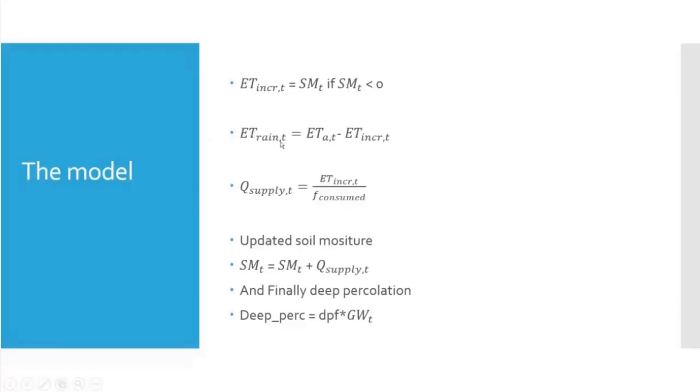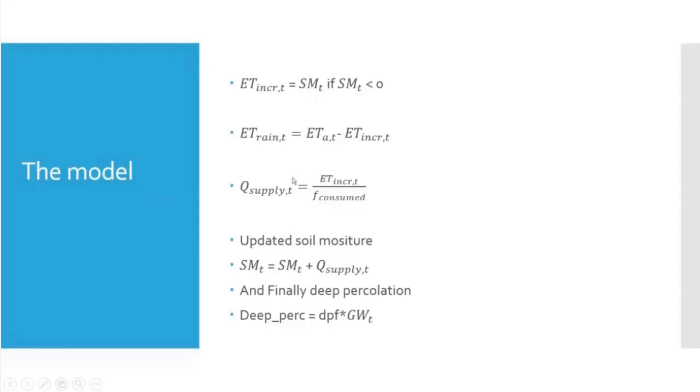And then when we know the Q supply, the soil moisture can be updated, which would be the soil moisture which we computed previously plus the supply. And finally, deep percolation can be computed as a function of the groundwater, which is multiplied with some parameter.